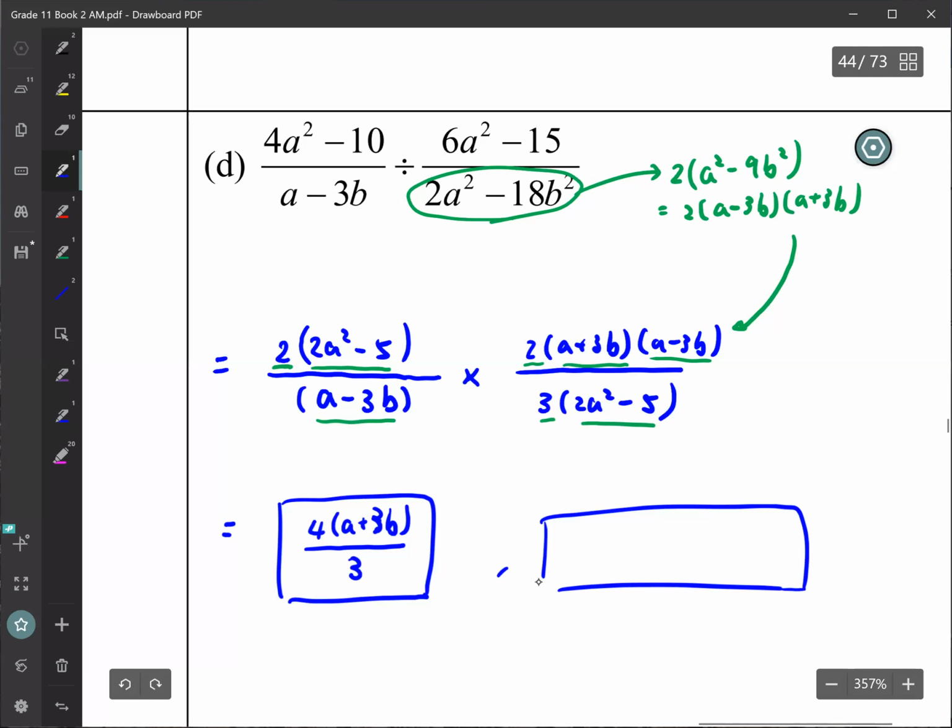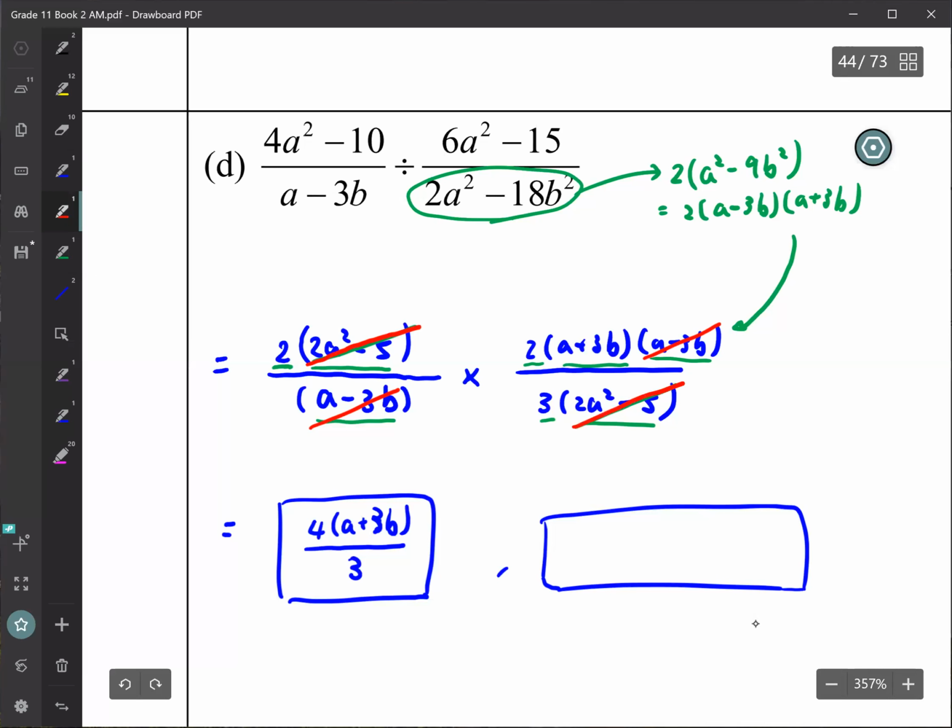Okay, can you give us your restrictions? Yeah, hold on. Okay, so for the canceling, let me show the cancel, right? So a minus 3b will cancel out the a minus 3b on the top, numerator, denominator cancel each other. And then you have 2a squared minus 5 cancel out with 2a squared minus 5. 2 and 2 times together makes it 4. Okay.